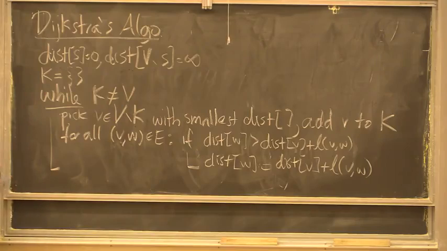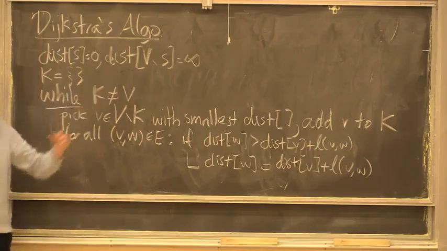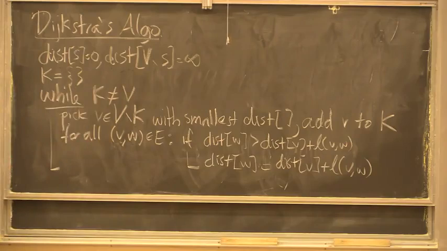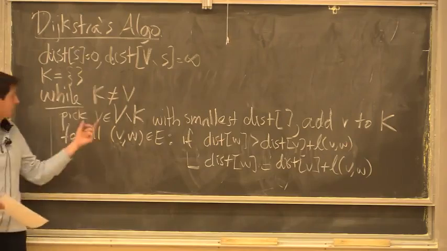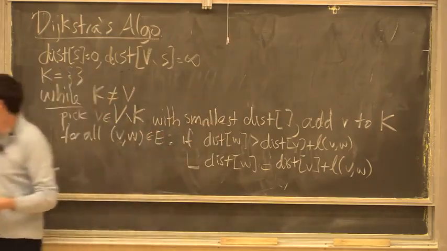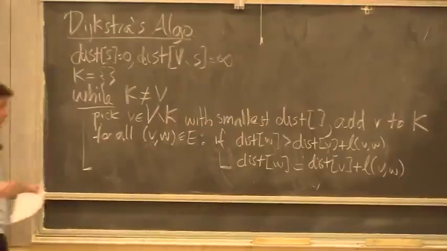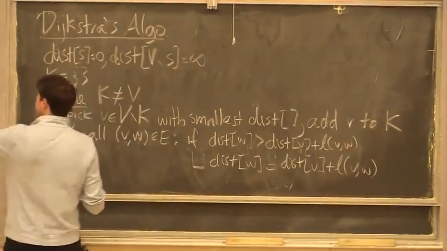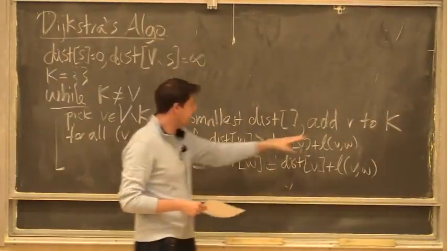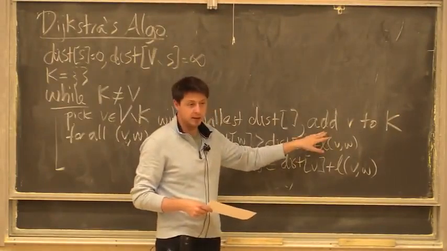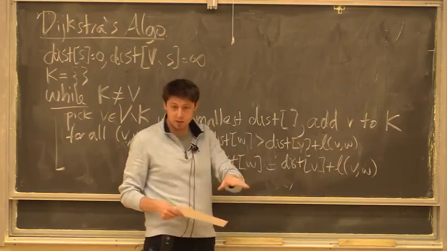And so the things that have a finite dist value are either already inside K or a one-edge extension, okay? So this line is basically saying, look at all of these one-edge extensions and pick the smallest one. Once we've picked it, the reasoning that we made tells us that it's safe to add it to K. And at this point, dist V is correct.